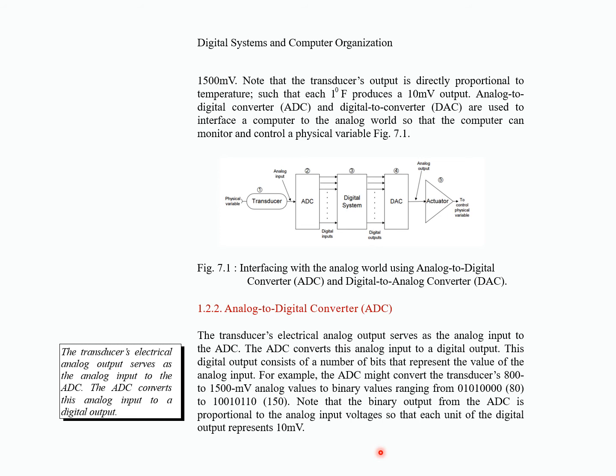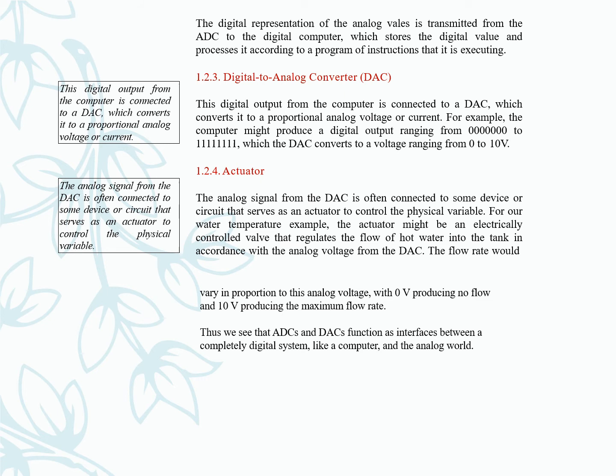Note that the binary output from the ADC is proportional to the analog input voltage, so that each unit of digital output represents 10 millivolt, and that is known as the resolution of the A to D or D to A converter. The digital representation of analog values is transmitted from the ADC to the digital computer, which stores the digital value and processes it according to a program of instructions that is executed.